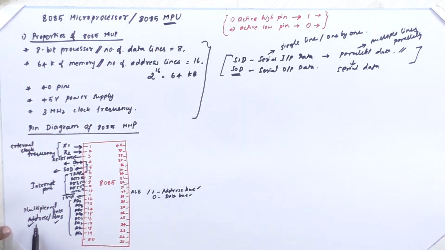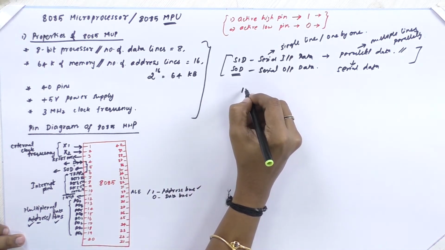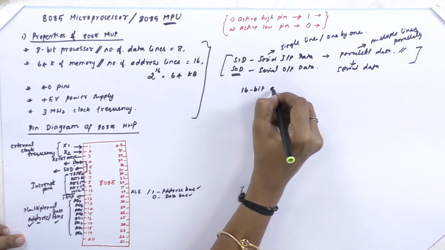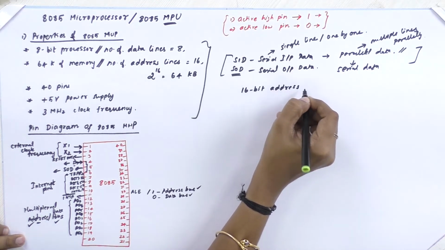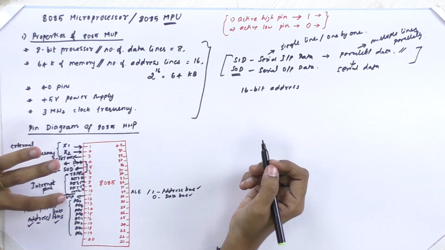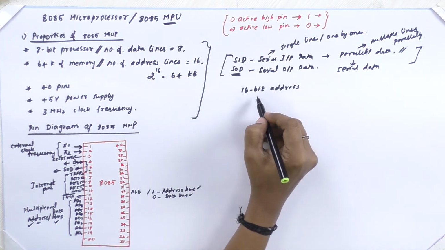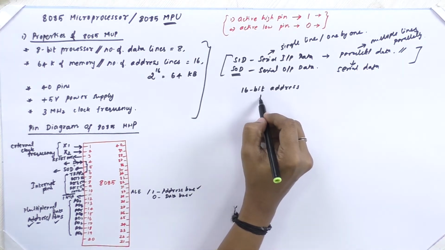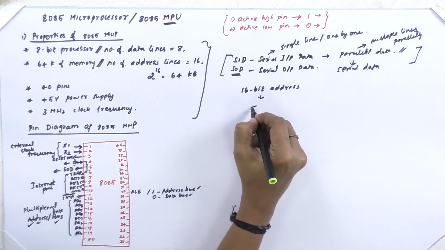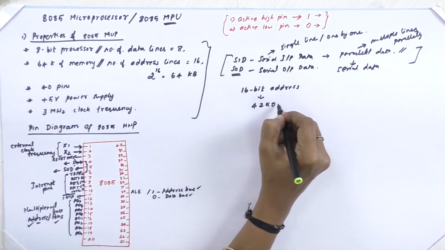We know that the address of the 8085 microprocessor is made up of 16 bits, but here we have represented only 8 bits or 8 pins. The reason is, consider a 16-bit address such as 4250H.